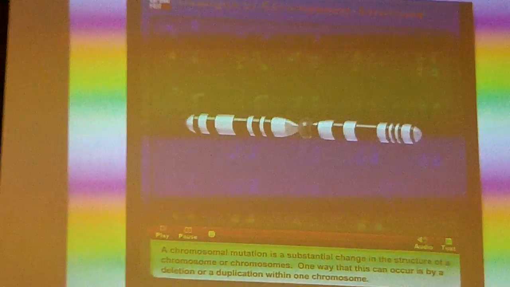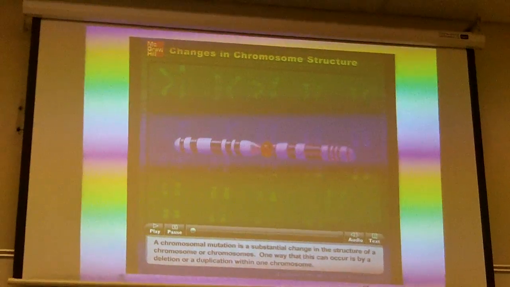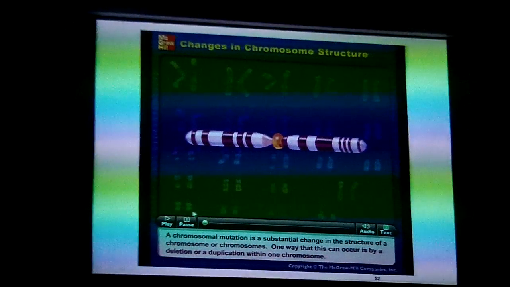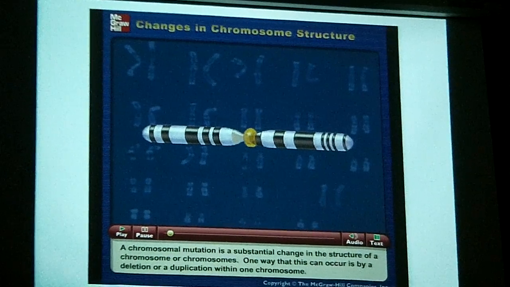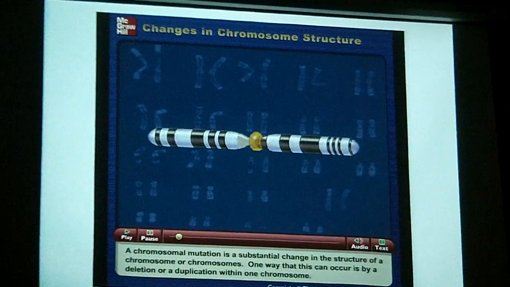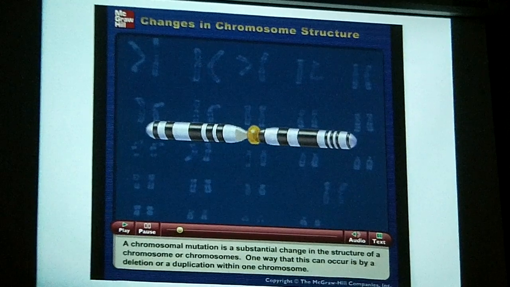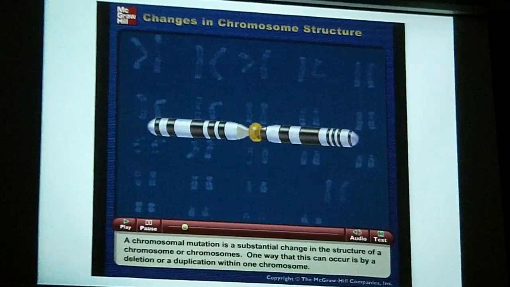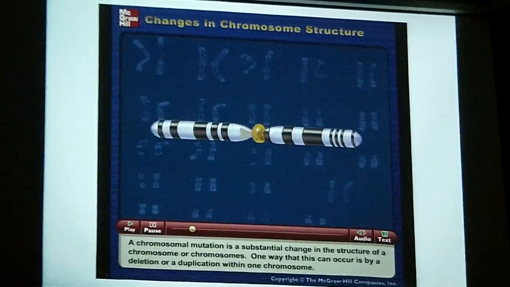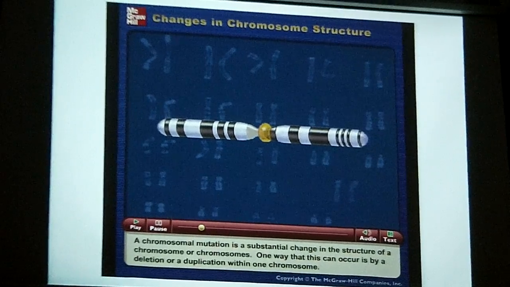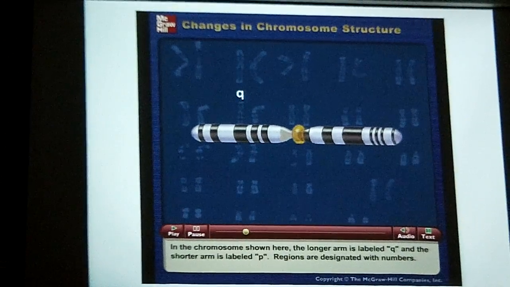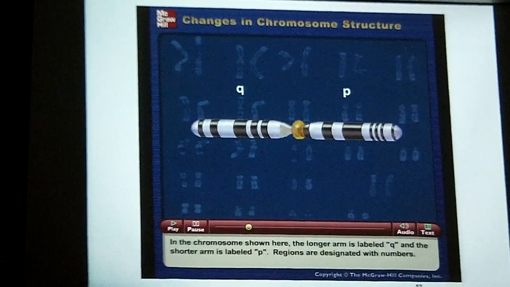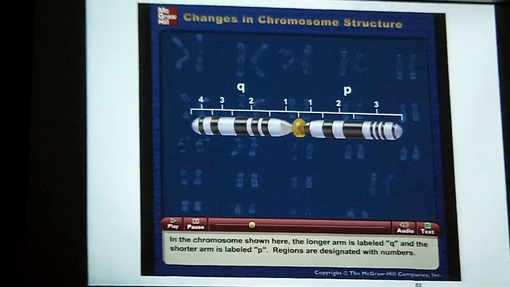Here, let's watch a quick video of this kind of thing happening, and then we'll take a look at people with the disorders. A chromosomal mutation is a substantial change in the structure of a chromosome or chromosomes. One way that this can occur is by a deletion or a duplication within one chromosome. In the chromosome shown here, the longer arm is labeled Q and the shorter arm is labeled P. Regions are designated with numbers.